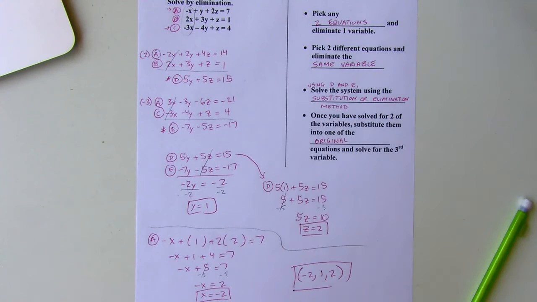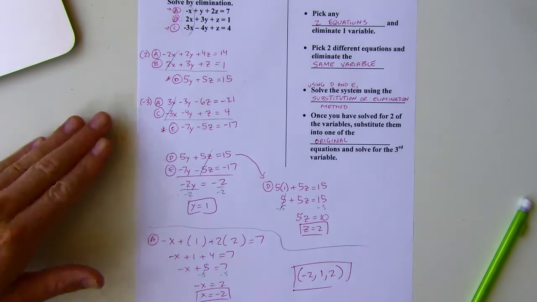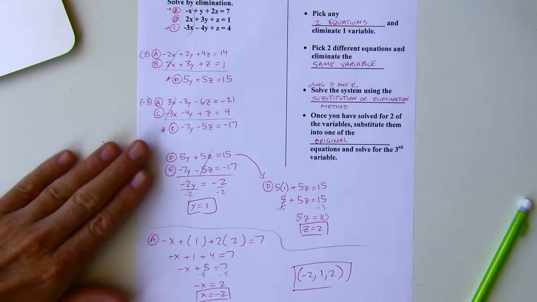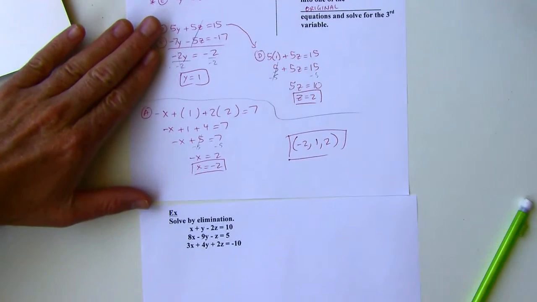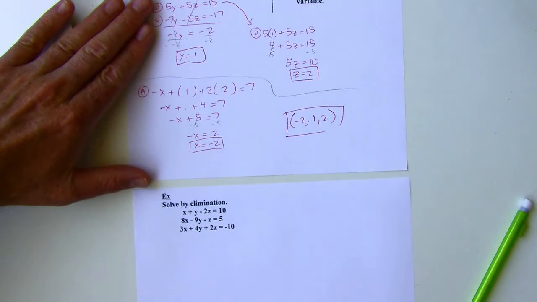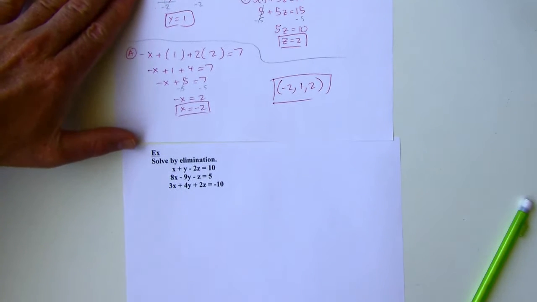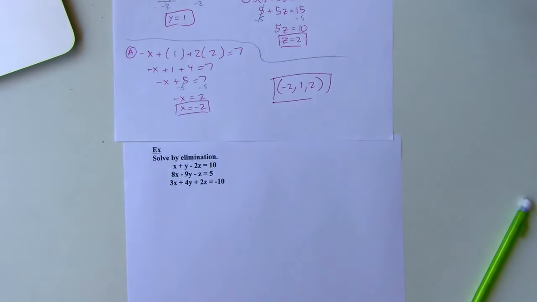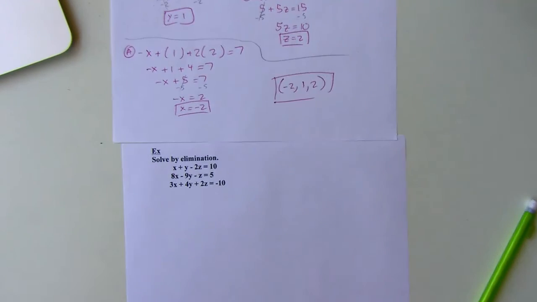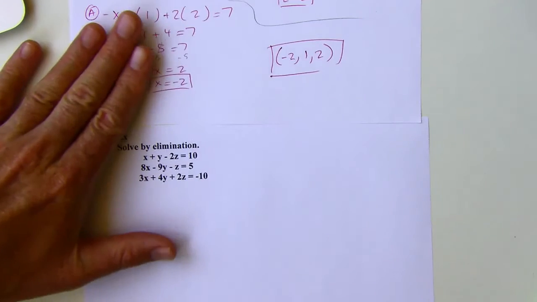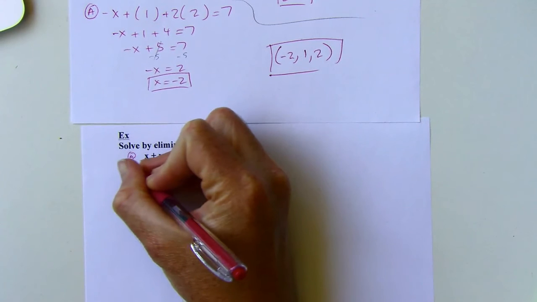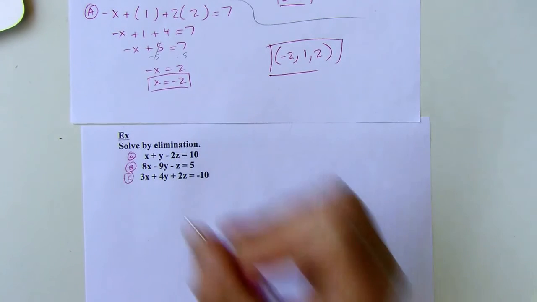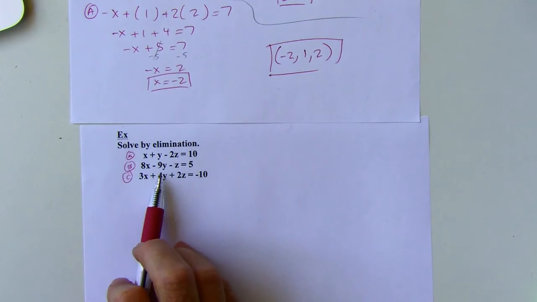Okay, so let's try another. These can be a pain, but you just have to be methodical and careful. Lots of opportunity for little mistakes. Okay, so I'm going to try this one out then. All right, so first thing I'm going to do is label them A, B, and C. And I'm thinking what would be the easiest to eliminate?